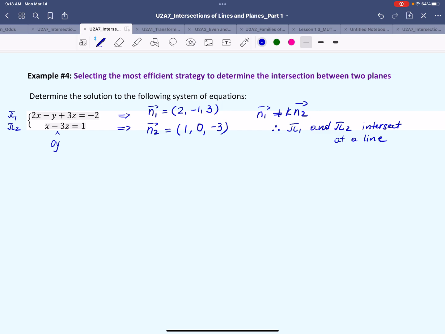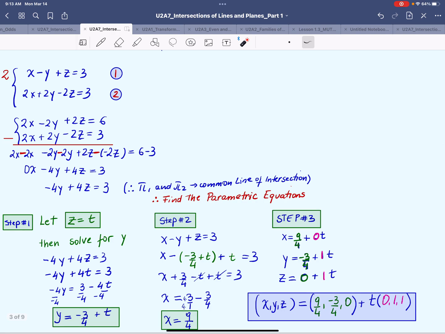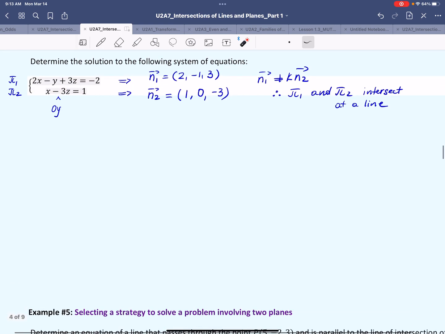Now, let's start solving. Remember that in previous examples, when we solve for the equation of the line, we try to create an equation that describes the relationship between two variables in the system.